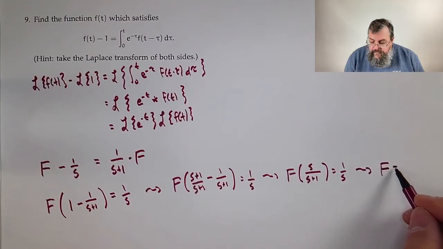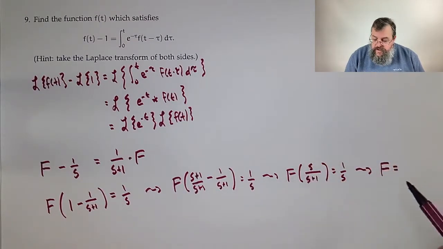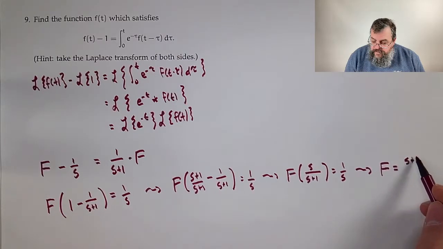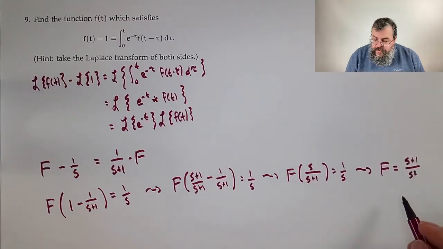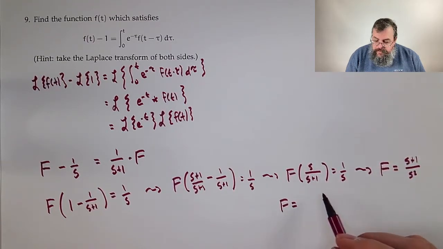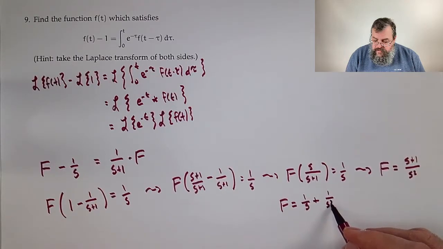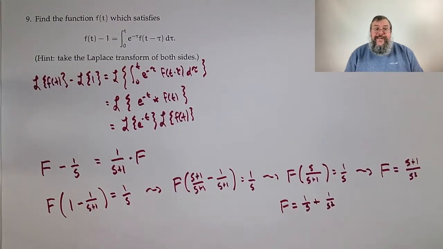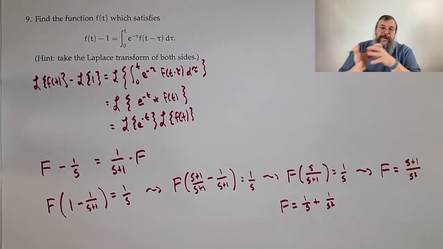So F, the Laplace transform we're after, we flip this over as we bring it across. We get s plus 1 over s times s is s squared. Or that says the Laplace transform we're after is s over s squared, 1 over s plus 1 over s squared.